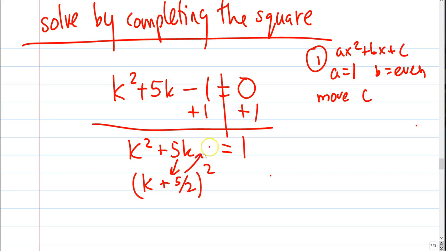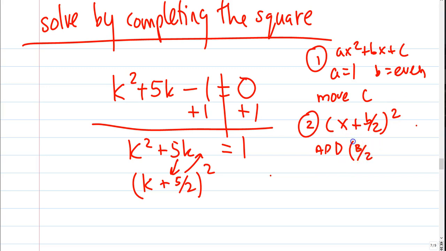I go to complete the square now. Our group is x plus b over 2 squared, and then we add that b over 2 squared to both sides.